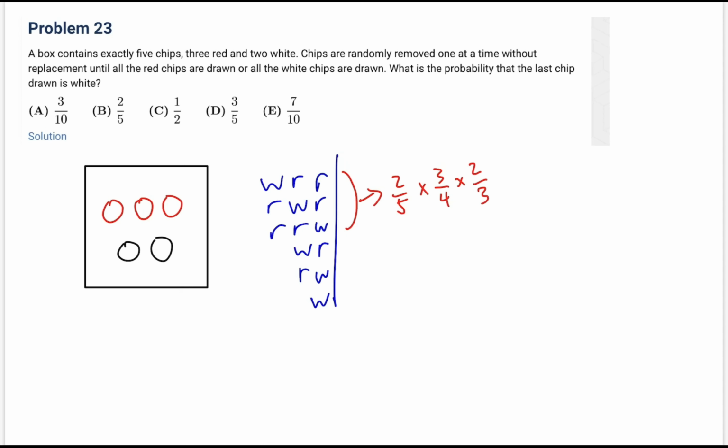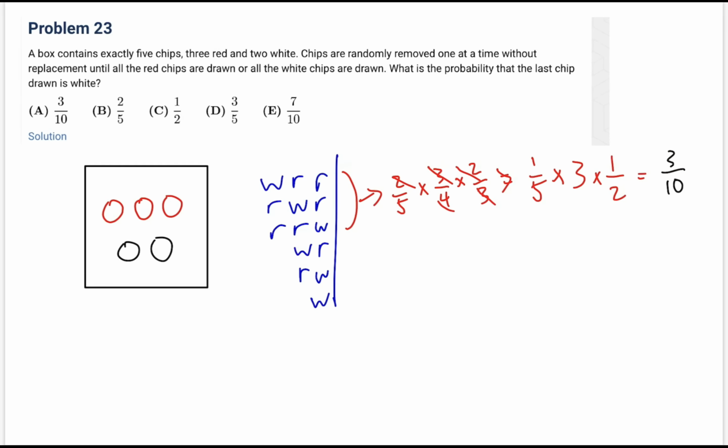So this would be 1 over 5, right? But then it would have to be multiplied by 3, since there are 3 positions, and multiplied by 1/2, since we have to choose which one of the whites is coming first. So it's times 1/2, so this becomes 3 over 10.